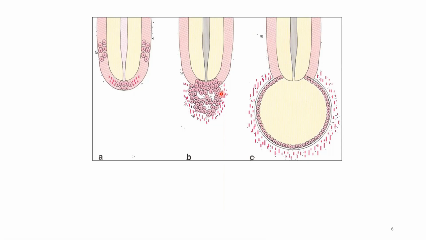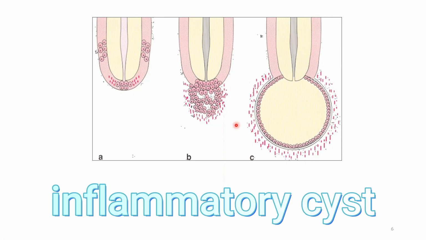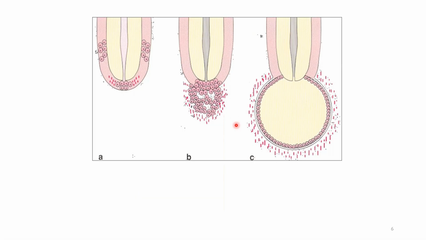Eventually, the central cells stop receiving nutrition, so there is necrosis in the center and fluid accumulation, resulting in enlargement of the cyst. Again, more details in the first of this series. This is an inflammatory cyst because inflammation is the root cause of this cyst.